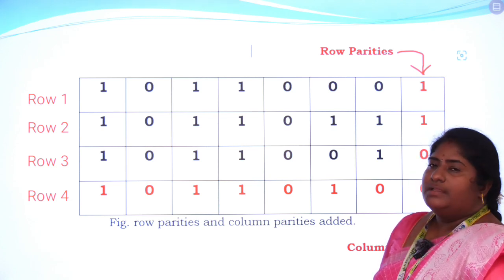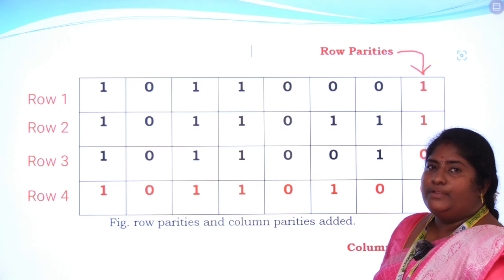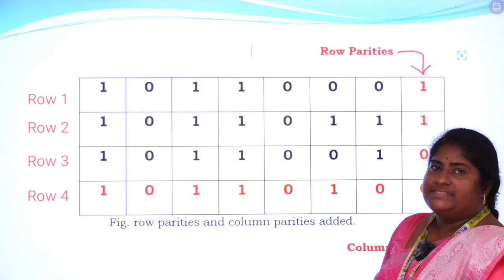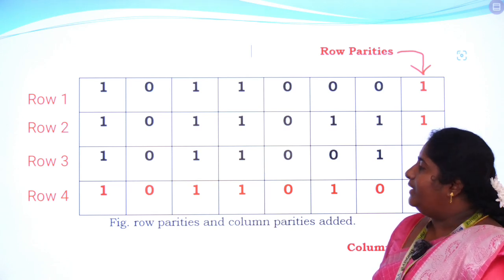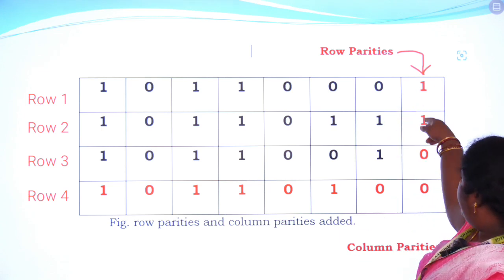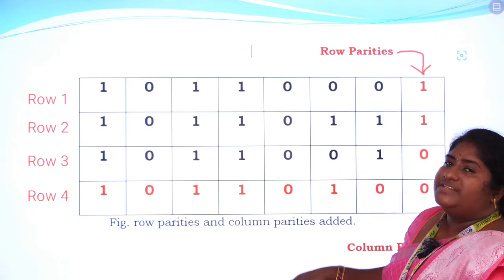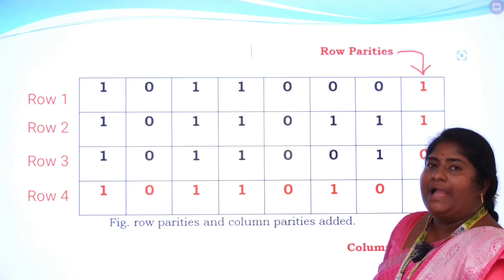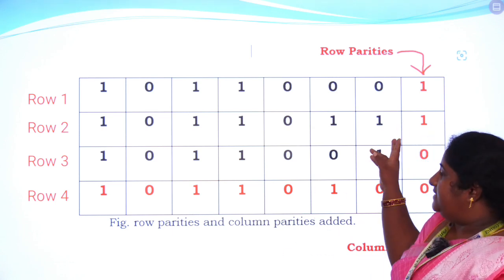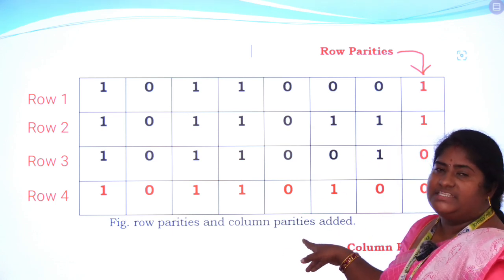When we are considering the example of a two-dimensional parity check, the parity values will be taken row wise and also column wise. So when transferring the data, we have to identify both the row parities and column parities.